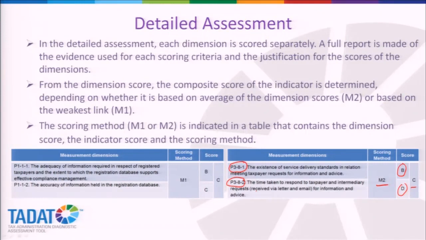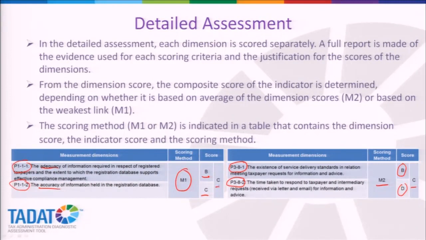On the other hand, if you look at performance outcome area 1, here indicator 1 is about adequacy and the other is about accuracy. For adequacy, the country gets a B, and for accuracy, the country gets a C. But this is an M1, which means the weakest link is taken into account.